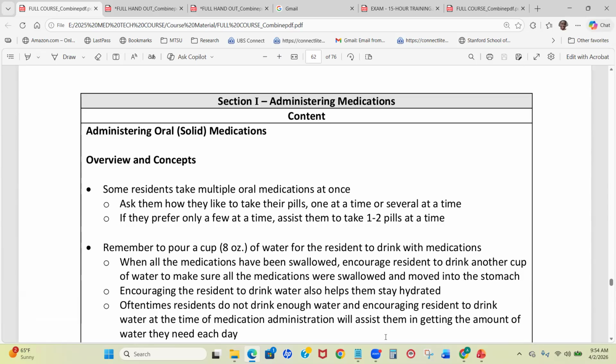This is the core reason why you are taking this course. So, number one, let's look at oral medications and how you administer. Some residents take multiple oral medications at once. Okay, you put everything in one cup, you give it to them. Here you go, sir. They can put it in their mouth, take water, and at once they take it. Always ask your resident, how do you like to take your pills?